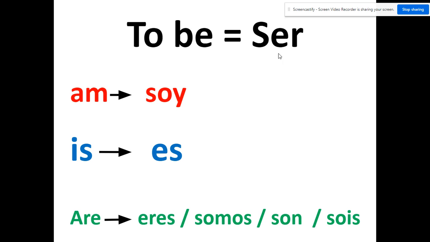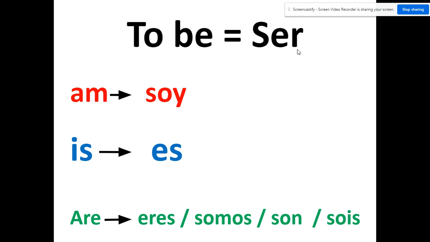This is the conjugation of ser. Okay? So to be is the verb not conjugated in English. Ser is the translation into Spanish, is not conjugated. How do we know a verb is not conjugated in Spanish? Then it ends with er, ar, or ir.